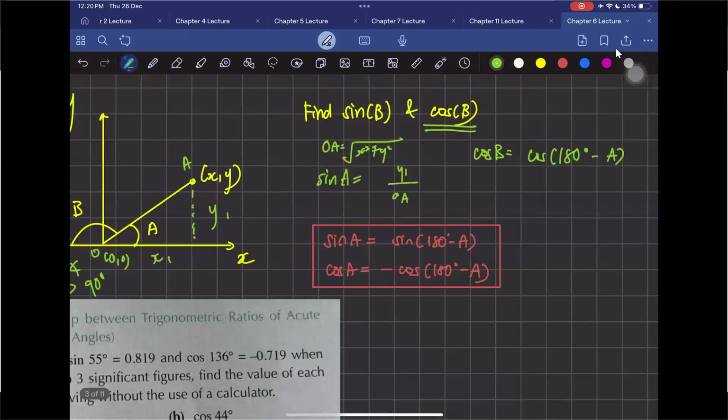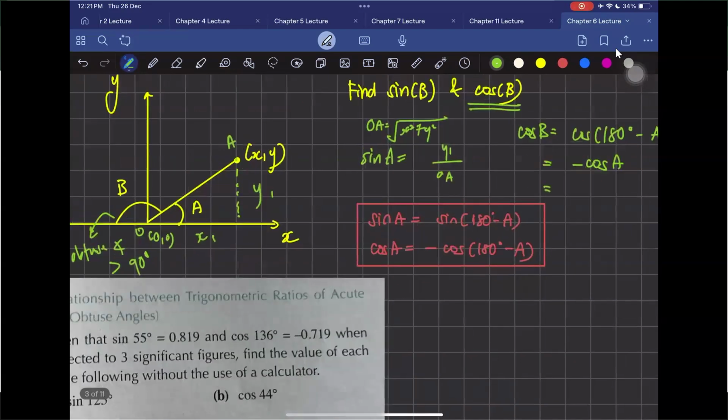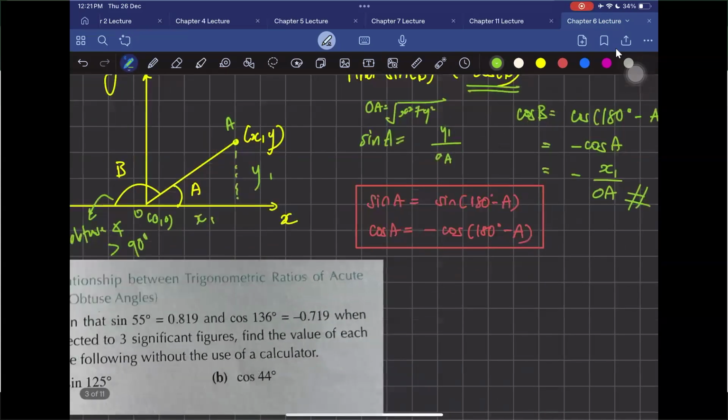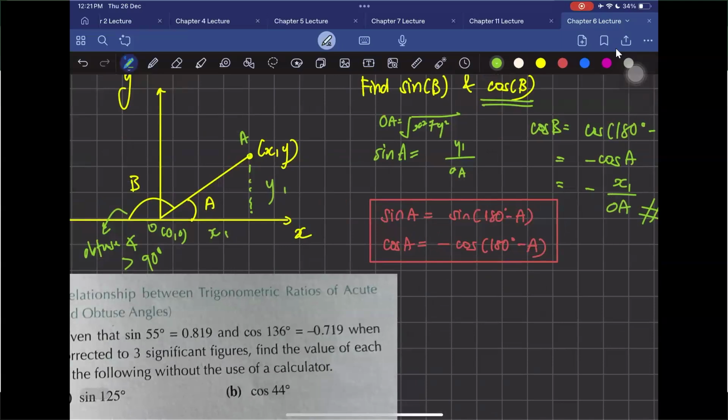So since we can represent it in this form, it's basically equals to negative cos A. And your cos A is basically equals to x1 over OA. So it is negative x over OA. Okay? So you don't have to know the sides and angles for an obtuse triangle. You can just use this identity to solve the problem.